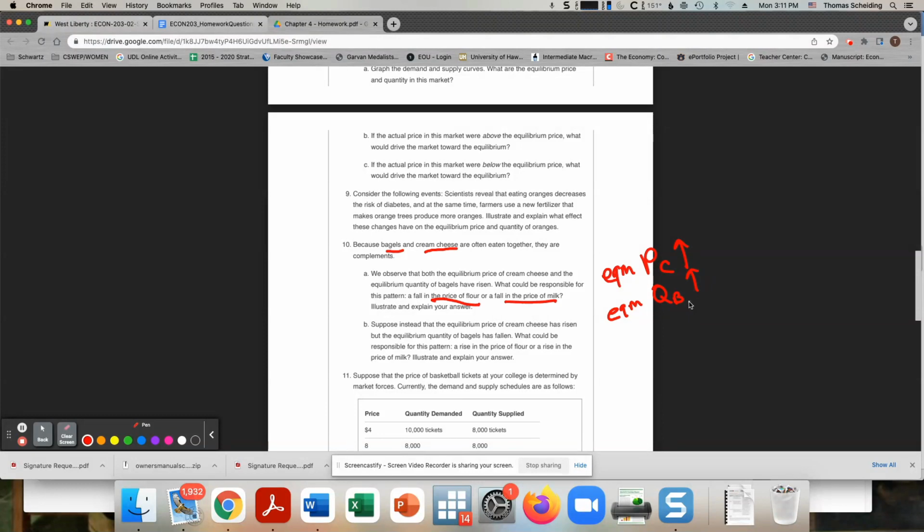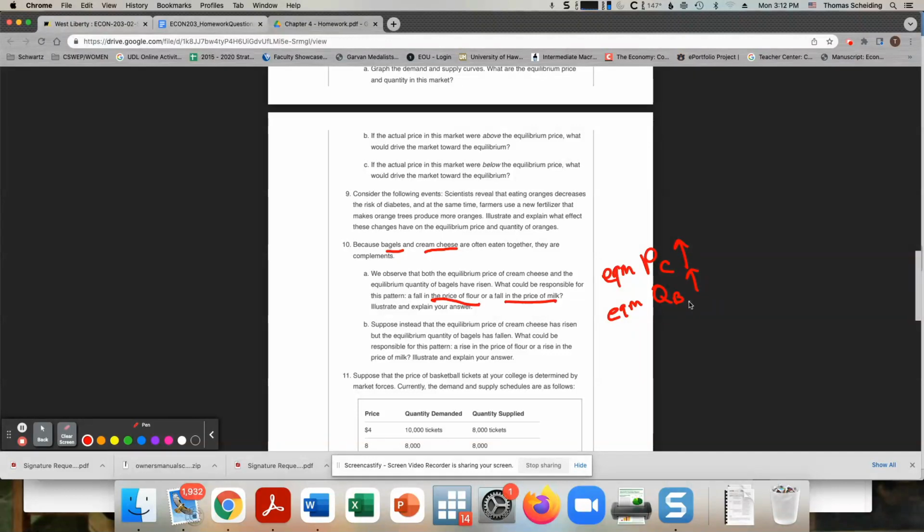Okay. So if these are complements, what that means is that buying more of one, you need to buy more of the other. So what happens if I drop the price of flour?